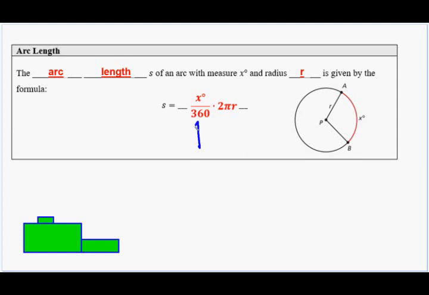The x over 360 is our fraction of a circle. And the 2 pi r is the full circumference. So we're multiplying the full circumference by some fraction to get that length of the arc.